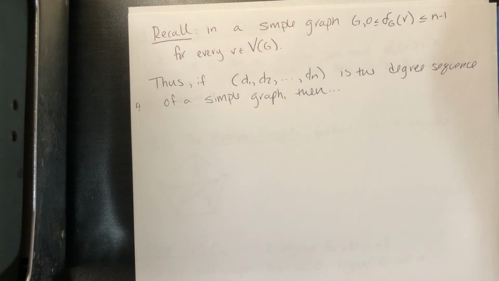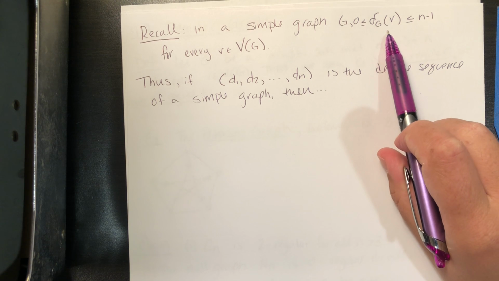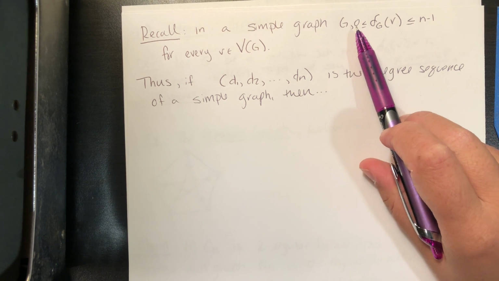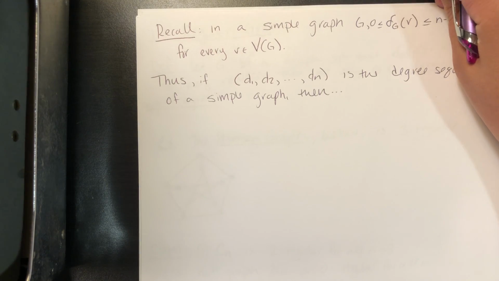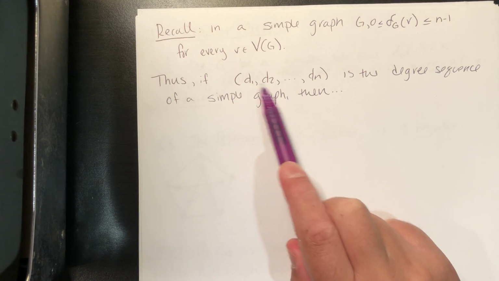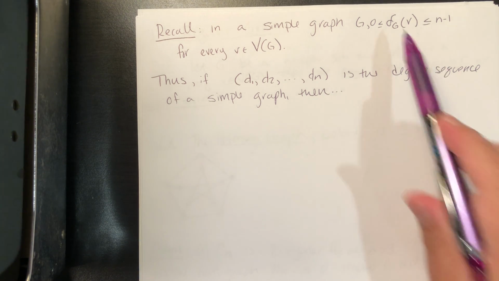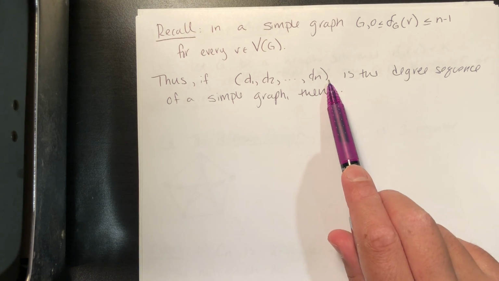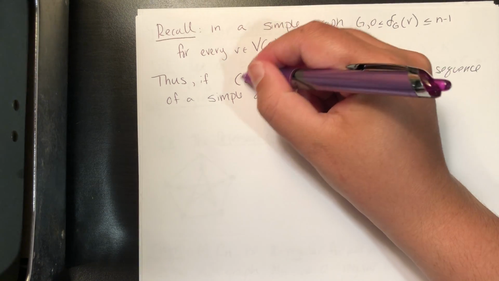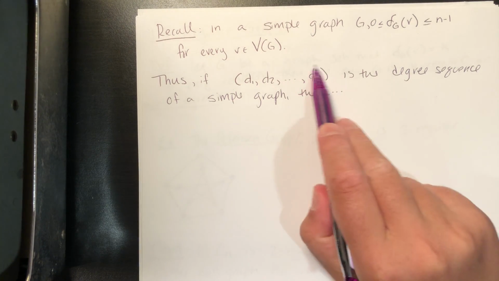Okay, but we also want to recall that in a simple graph G, the degree of a vertex is going to be between 0 and n minus 1. We talked about that in the last section as well. And so if we knew that D1 through Dn is the degree sequence of a simple graph, then assume that this is written in non-increasing order. That means that this is your largest possible degree, and this is your smallest possible degree.